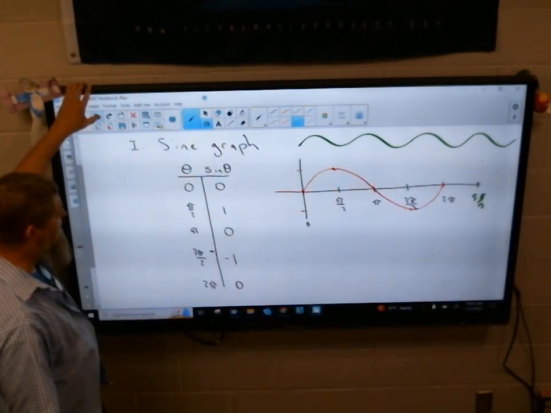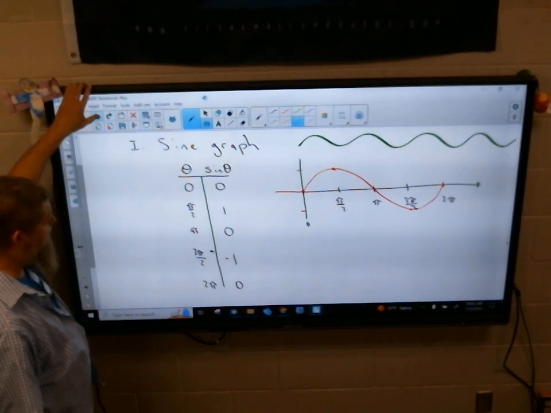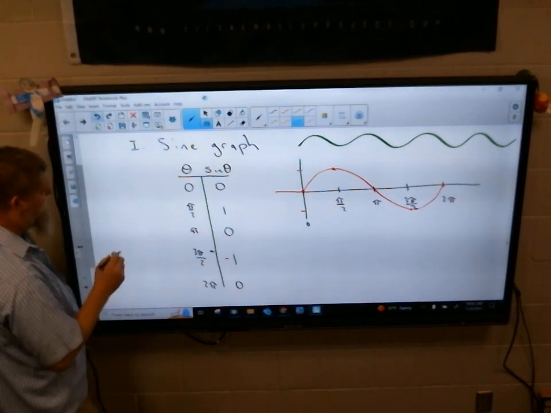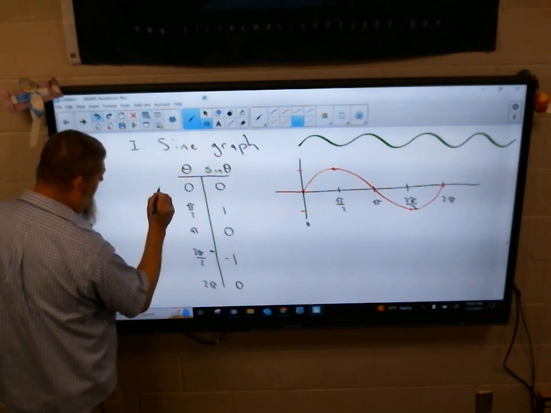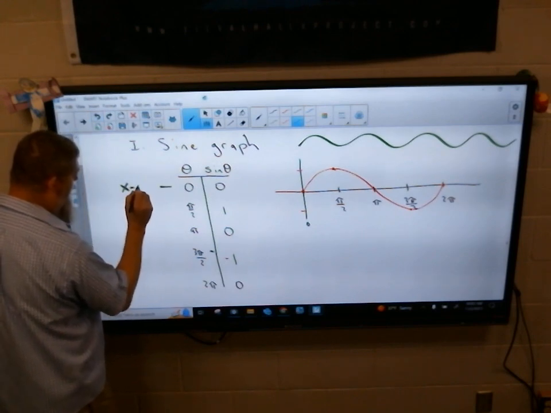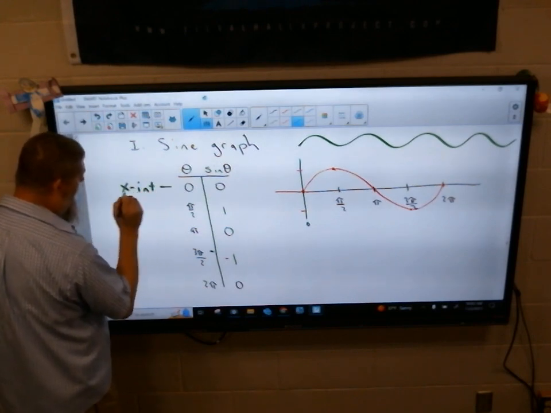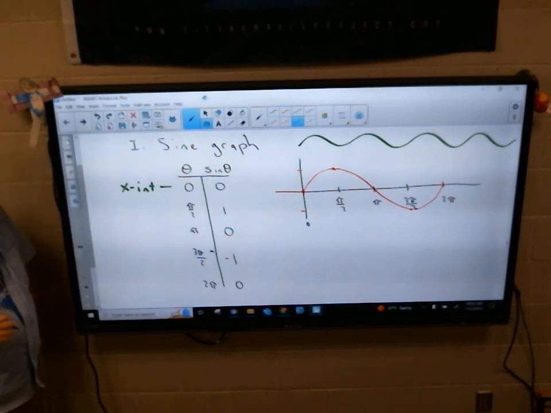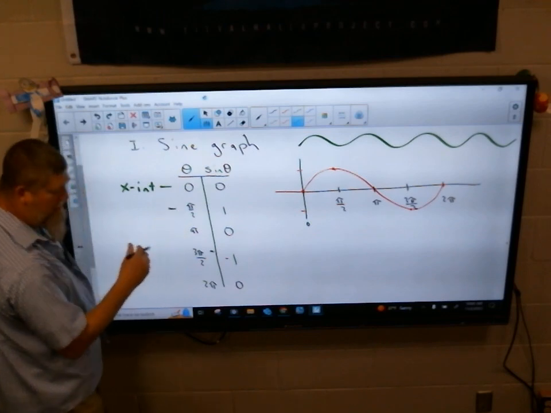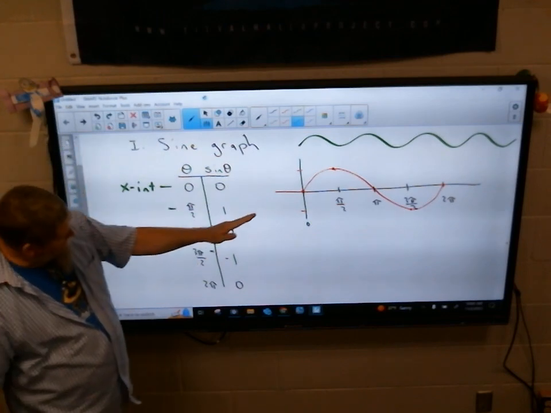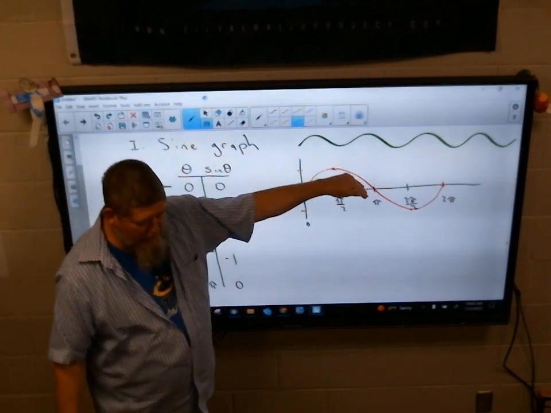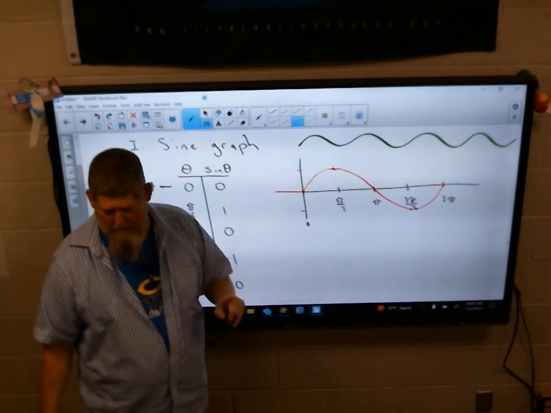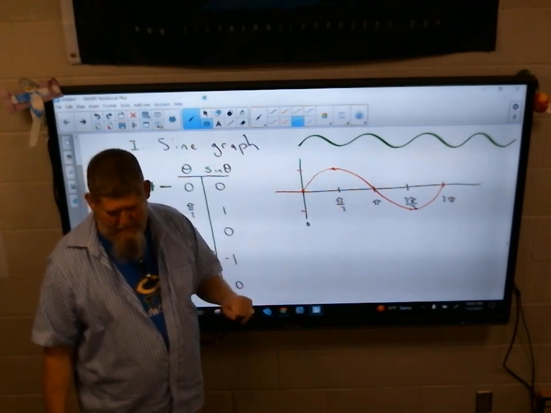Now, you're hitting on something that's kind of important. 0 right here is one of our x-intercepts, right? We're going to give you a different name for x-intercepts, but for right now, that's what we're going to call it. What will we call this one? We say it keeps going back to 1. On this particular graph, what would we call that point? Give you a hint, it's the highest.